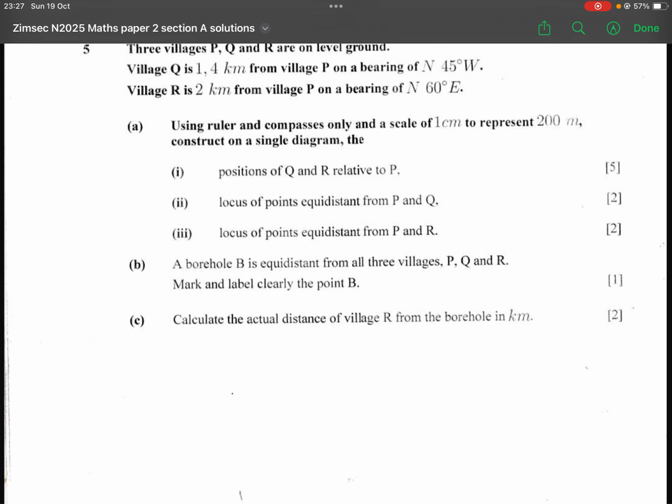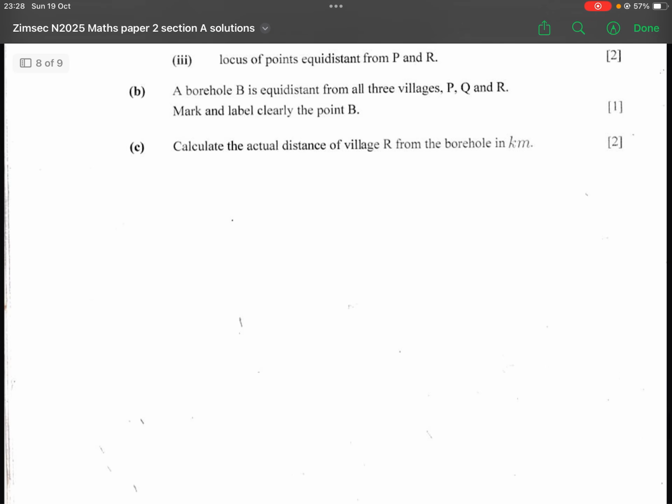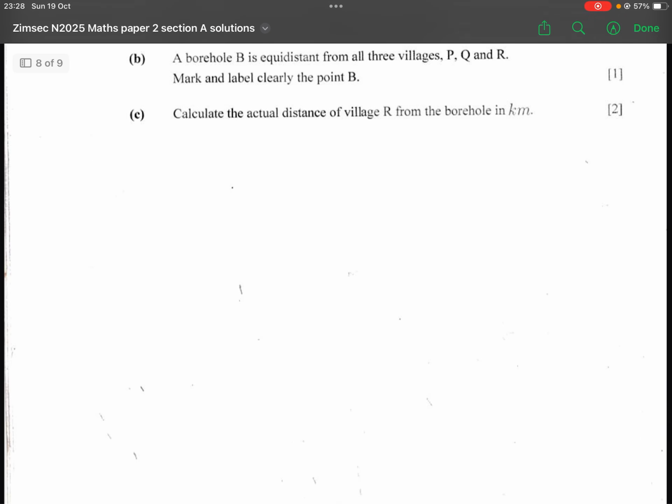They are saying 1 centimeter to represent 200 meters. So it means that we are given that village Q is 1.4 kilometers from village P, which means that in centimeters it is going to be 7 centimeters, because we say 1,400 meters divided by 200 in order to get 7 centimeters. So let us sketch a rough diagram that is showing the position.